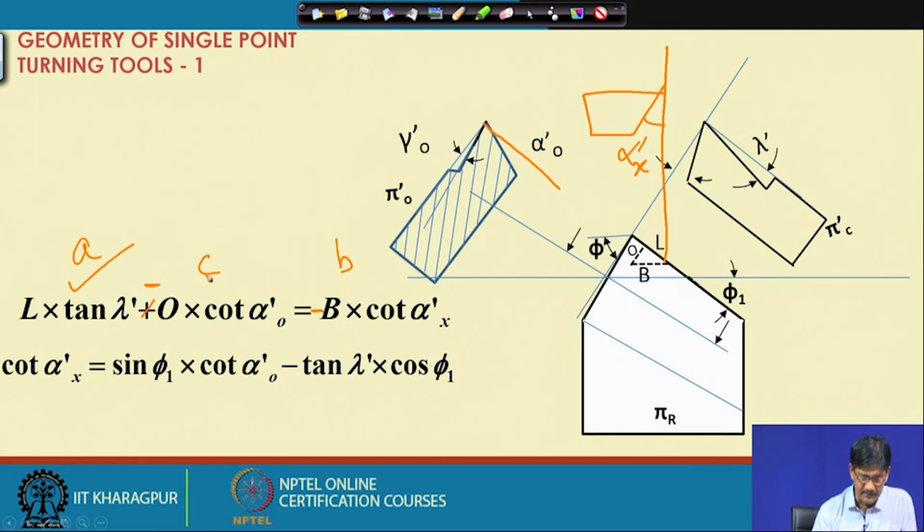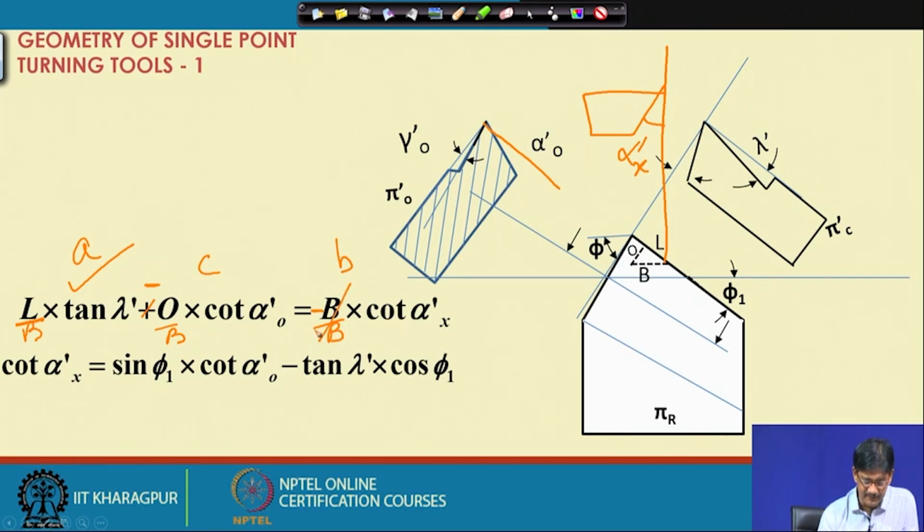If that be so, let us see what the expression of cot alpha dash x comes out to be. If we take it to this side alone, first of all b divides this and this gets cancelled out.